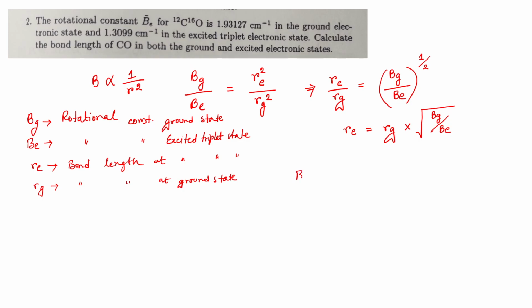So we know that Bg is h by 8 pi square C mu Rg square. Rest of the factor is constant, right? So let us calculate what is the value. 6.626 into 10 to the power minus 34 kg meter square second inverse.